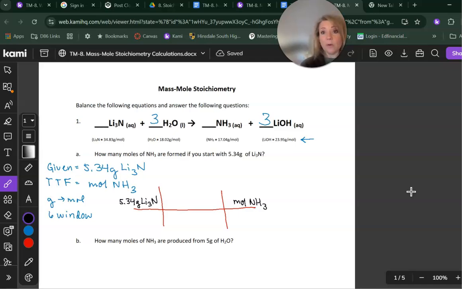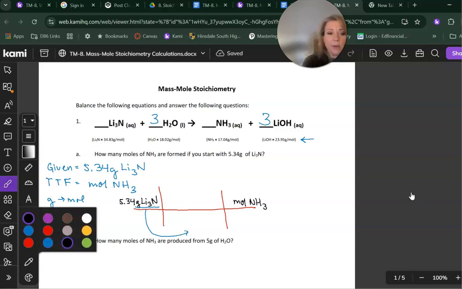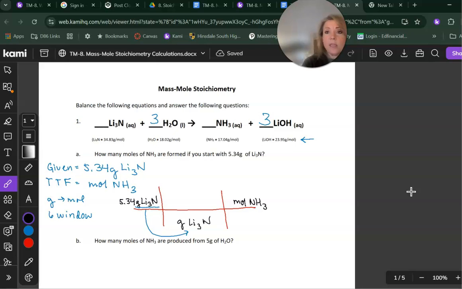Okay, so in our next step, we need to demote the units. So grams of Li3N is going to come down here. So we have grams of Li3N. Because we have to demote the unit, and because the unit is grams, this middle section can't possibly be the mole ratio like in the other problems we've been doing.